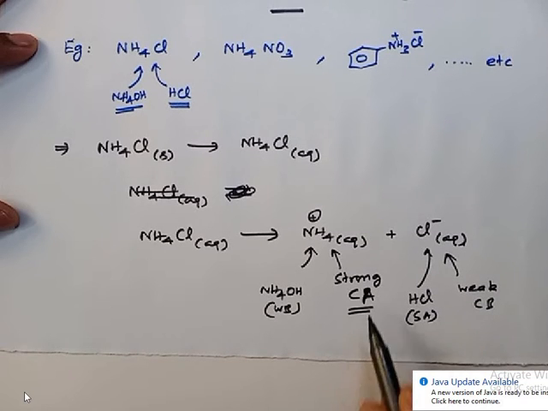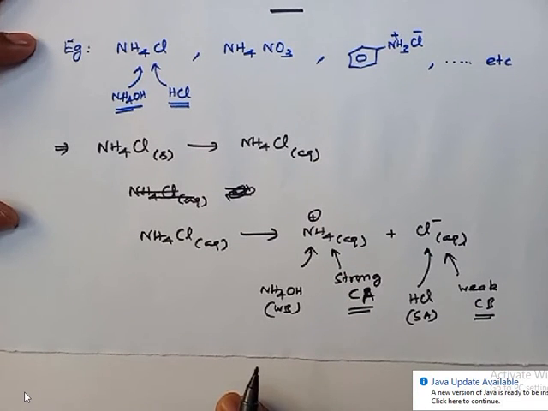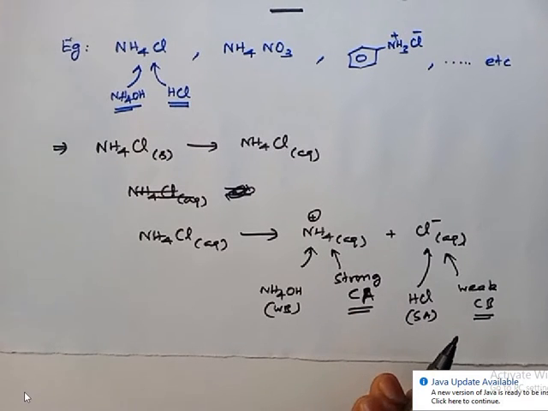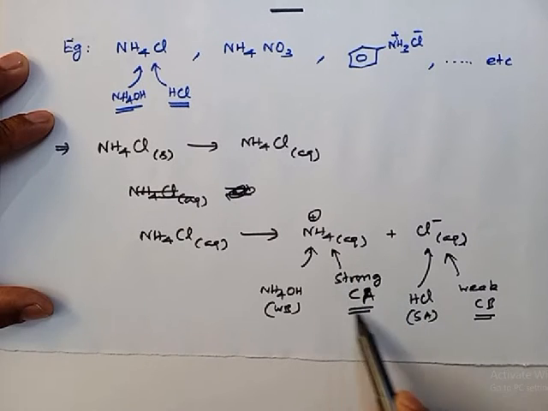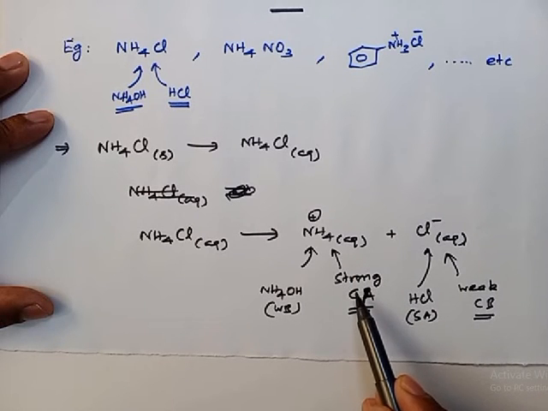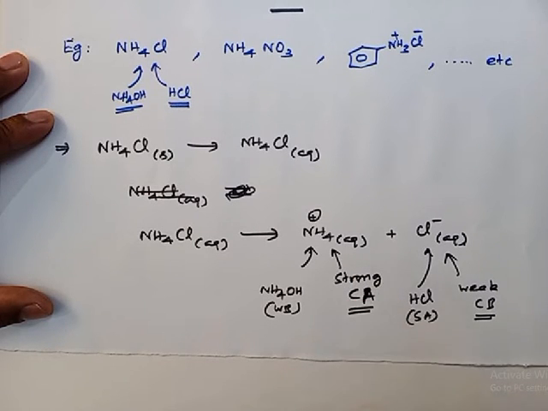Ca means conjugate acid, Cb means conjugate base, and I told you in the last class that strong conjugate ions react with water. Since this salt produces a strong conjugate acid, this salt undergoes hydrolysis.